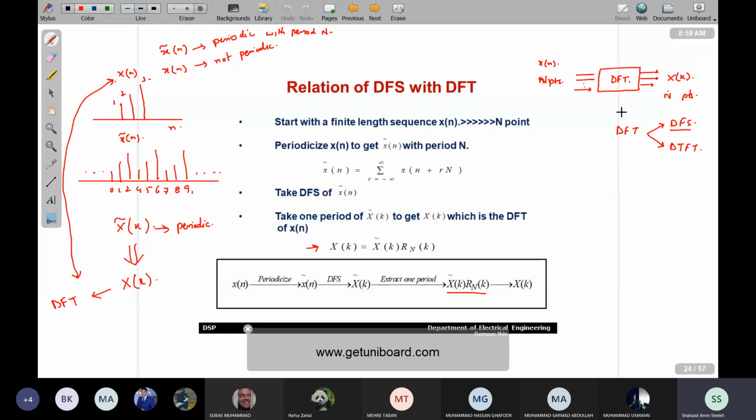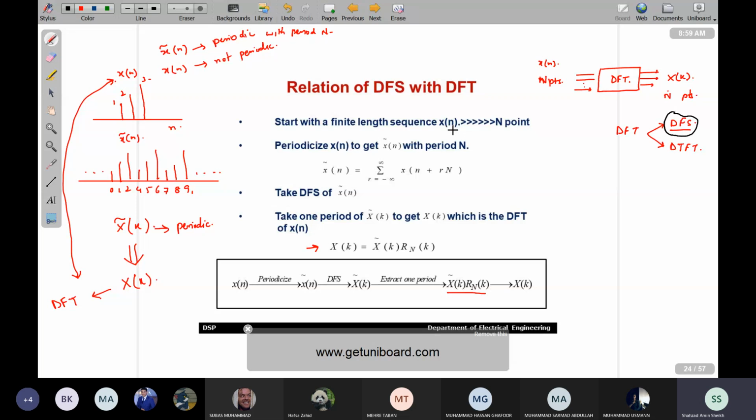So we have talked about this. DFT is connected to DFS and DTFT, and now we are going to see how it is connected to DFS.